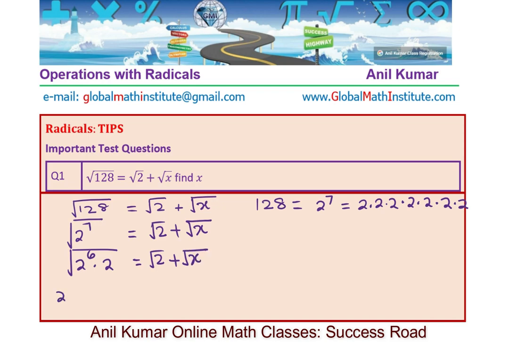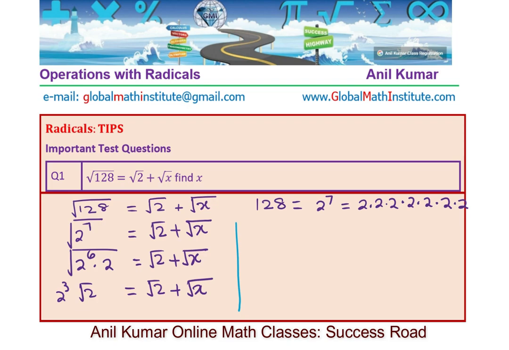Well, this you could write as 2 cubed square root 2 is equal to square root 2 plus square root of x. Now that should give you the solution, right? Can you write down the answer now? Okay, pause the video and write down the answer. So I'm taking my time for you to finish it off, right?